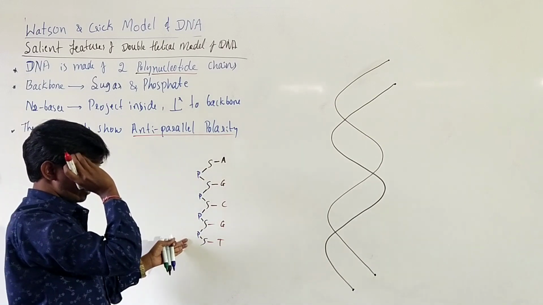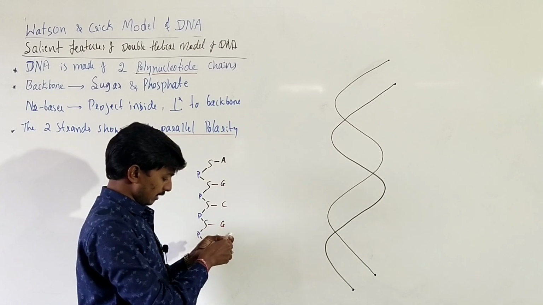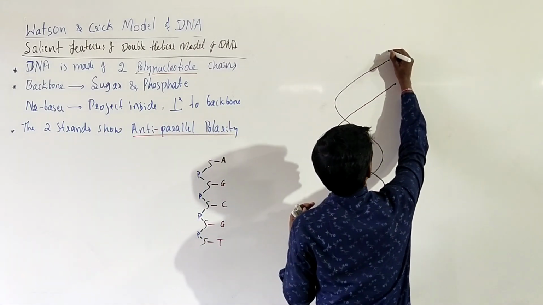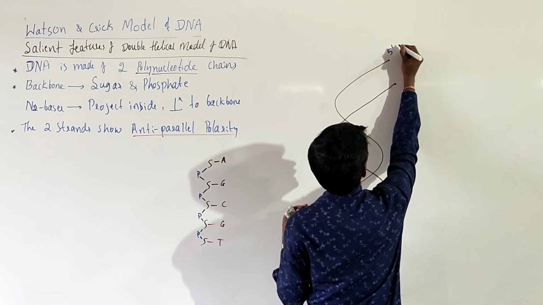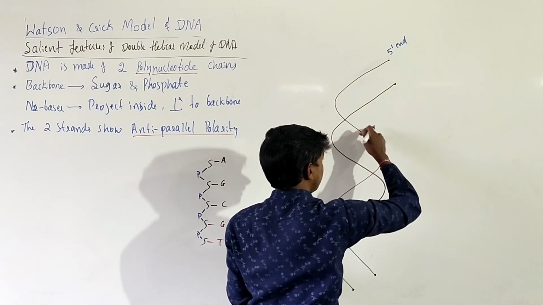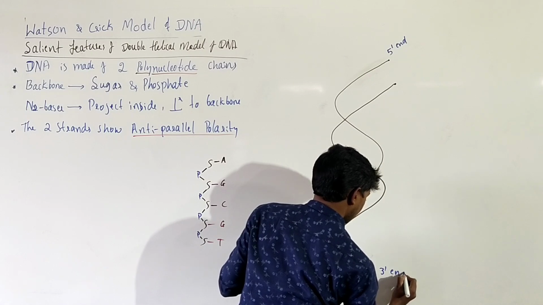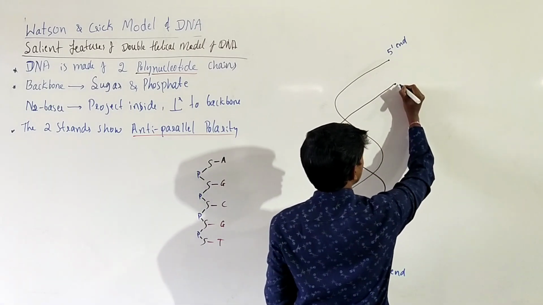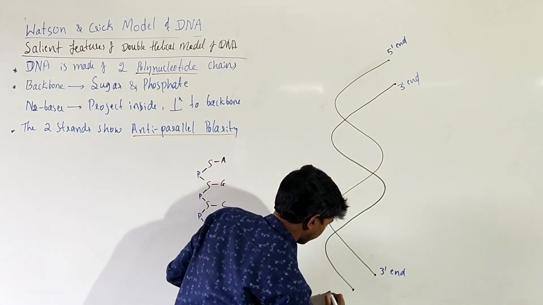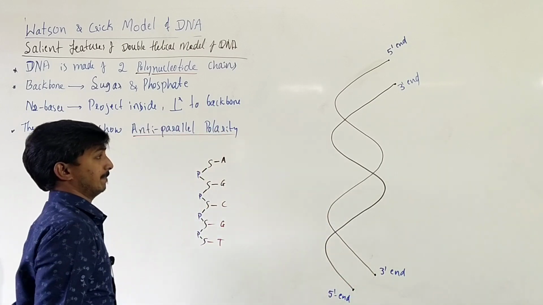If it is one strand, the other strand will be on the other side. So for example, I am labeling this as the 5' end, and I am labeling the other end as the 3' end. Of course, the other must be 3' end, and the other must be 5' end. What is this 3', 5'?